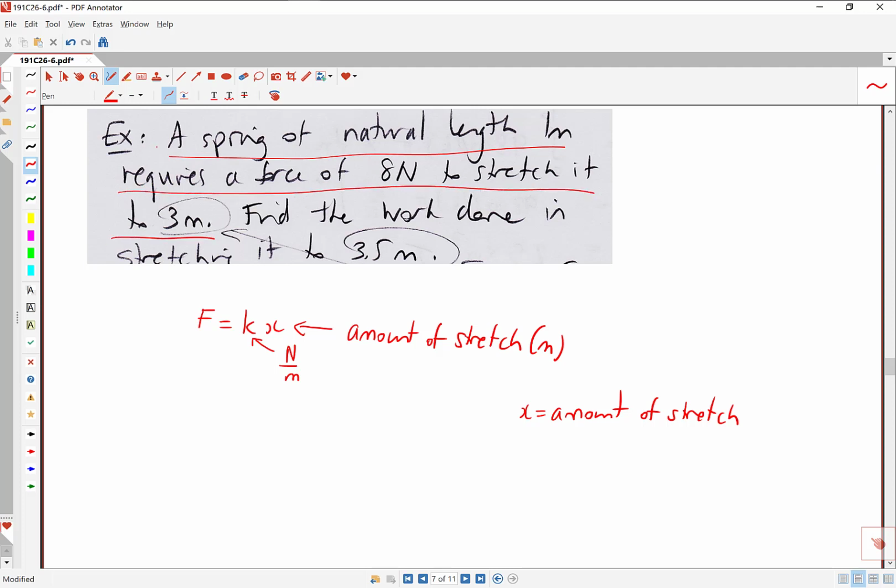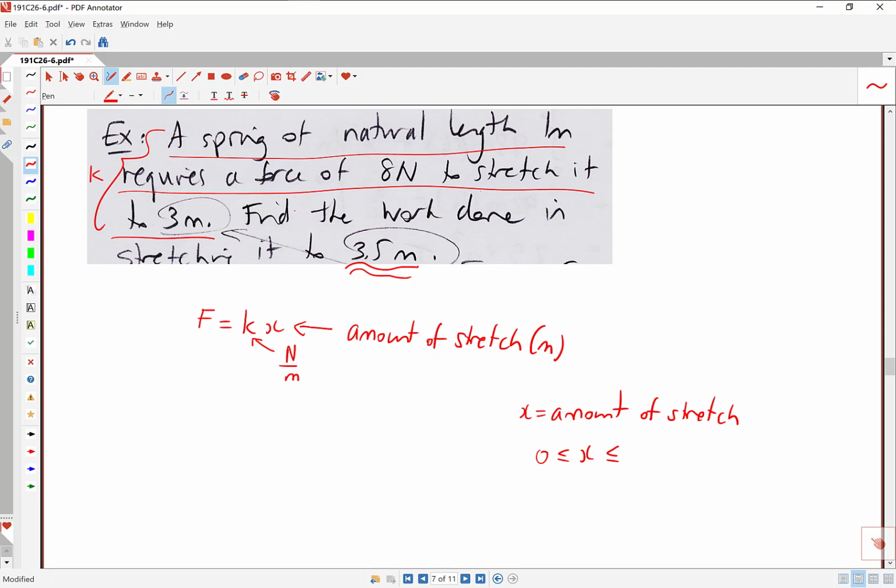Okay, so this information here is just going to help us figure out K, our spring constant. But what we're ultimately trying to find in the problem is the work that's done in stretching the spring to 3.5 meters long. Okay, so that means initially the spring is not stretched at all. So X is starting at 0. And by the end of the problem, the spring is now 3.5 meters long.